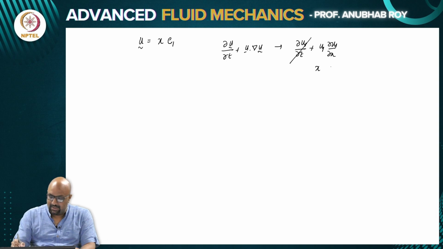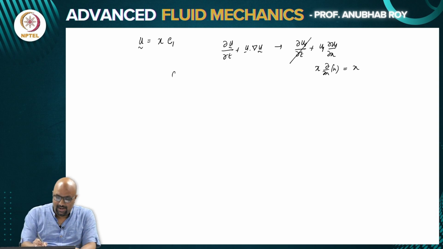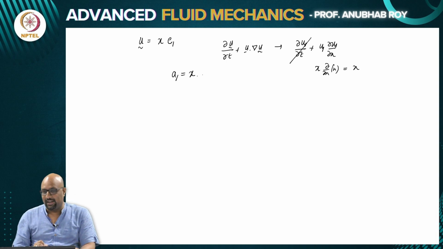The second term is u1 dou u1 dou x, which means this is non-zero. So, the acceleration a1 is non-zero. So, you have acceleration in a fluid due to spatial variations of the velocity field.